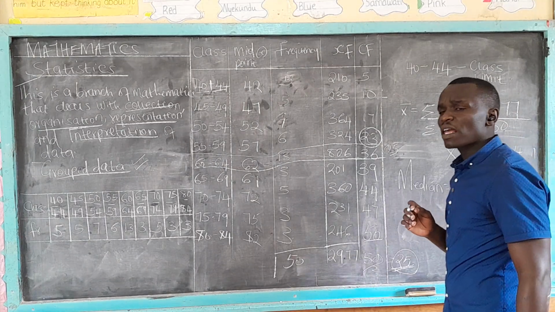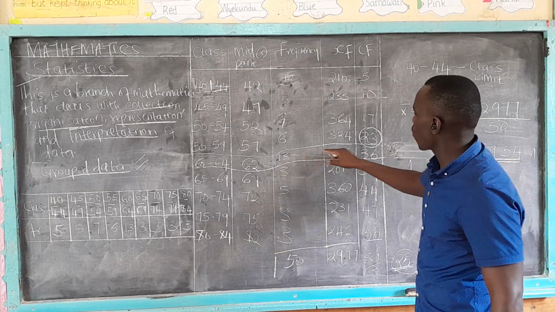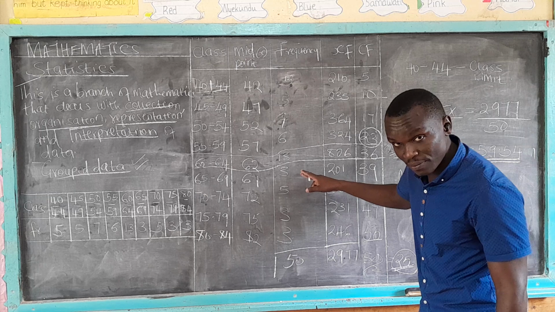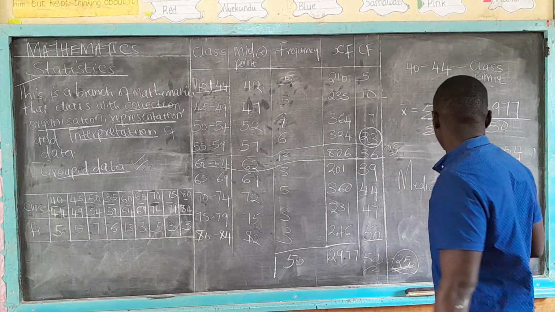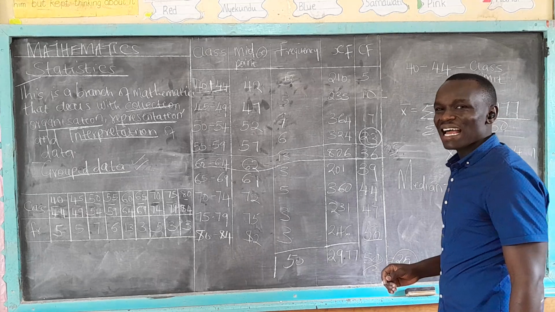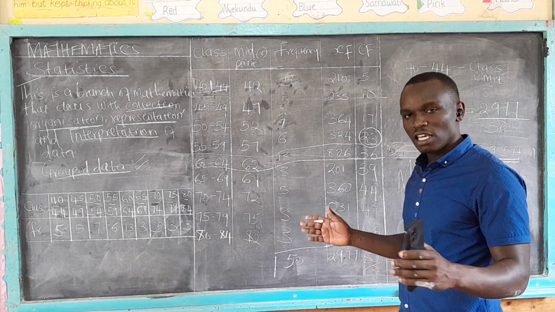You divide by the frequency of the class where your 25 lies, which is 13. Then you multiply by the class interval.